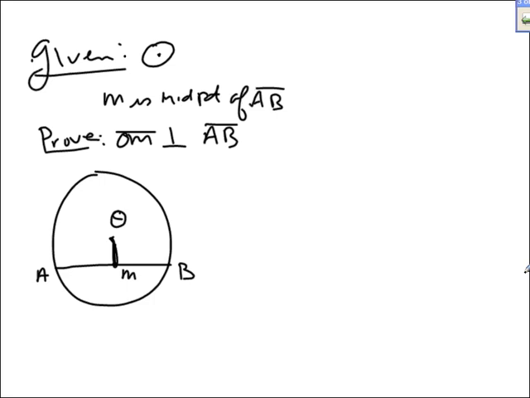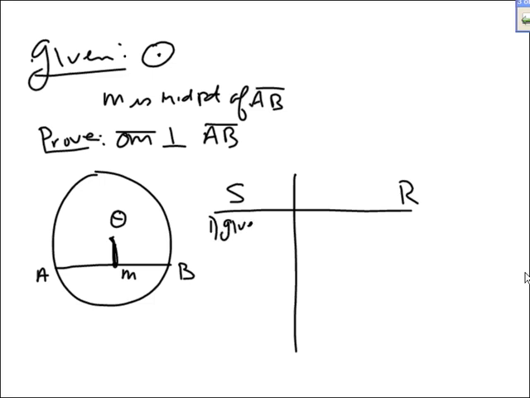Well, statements, reasons. The first statement is the givens, and the reason is it was given. Okay, so basically we know that AM and BM are equal because M is in the middle of AB.